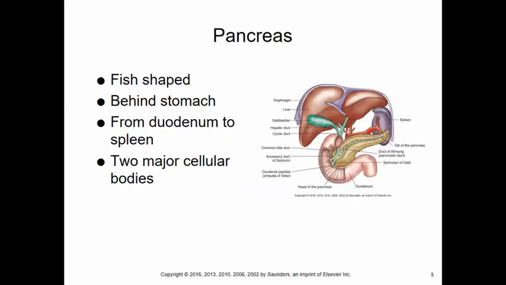Just a really quick refresher, the pancreas is a fish-shaped organ that sits behind the stomach. It spans from the duodenum to the spleen, and it includes two major cellular bodies. The pancreas is made up of exocrine and endocrine cells.